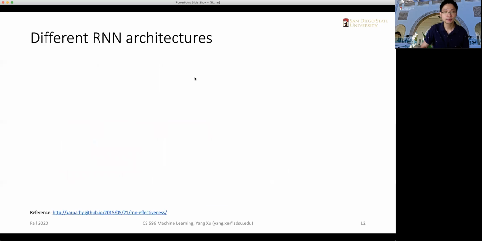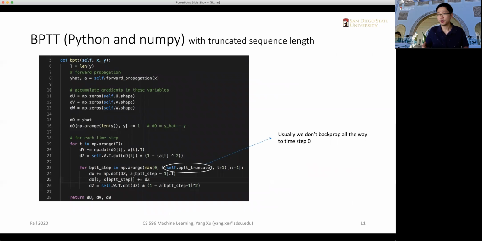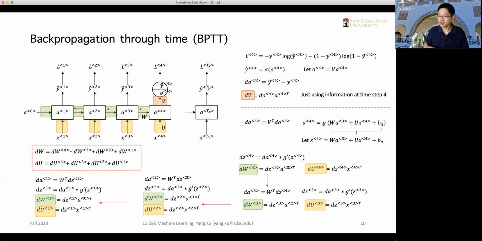In theory, we can do the backpropagation all the way from the last time step to the very beginning time step. But in practice, we don't do that, okay? Because there's a gradient explosion or gradient, what's it called?